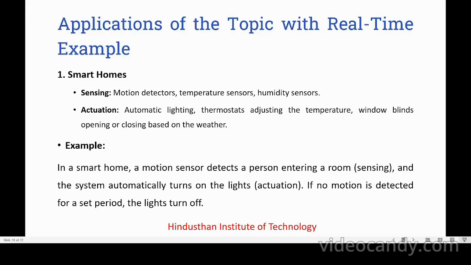So in a smart home, we are using a motion sensor that will detect a person entering a room. This is known as sensing. The system automatically turns on the lights. This is called actuation. If no motion is detected for a certain period, the lights will be turned off.